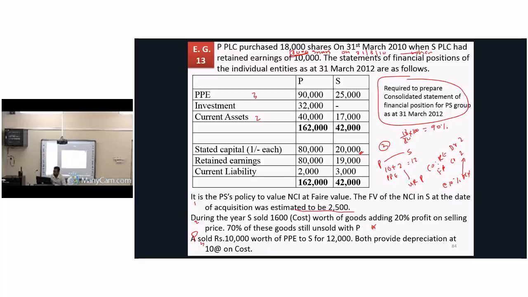We can do it in thousands. So 76. It is about investment. Investment 76. Remember the acquisition percentage is 60%.